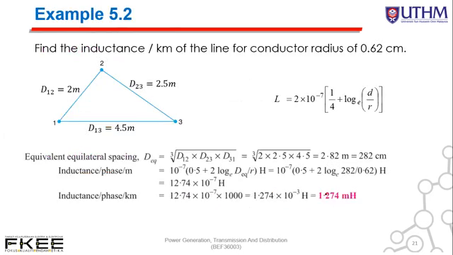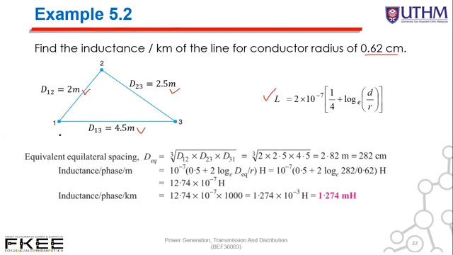Let's see example 5.2. Find the inductance per kilometer of the line for a conductor radius of 0.001 cm. This is a three-phase conductor. We have conductor 1, conductor 2, and conductor 3 with distance D12 2 meter, D23 2.5 meter, and D13 4.5 meter. To find the inductance, we can use this equation.